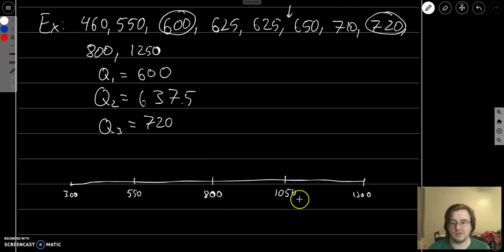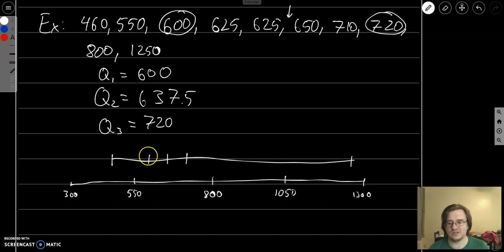So we've divided up our line here. Our minimum value 460 will be about here. Our first quartile is there. The second quartile is at 637. Our third quartile is at 720, and our maximum value is 1,250.